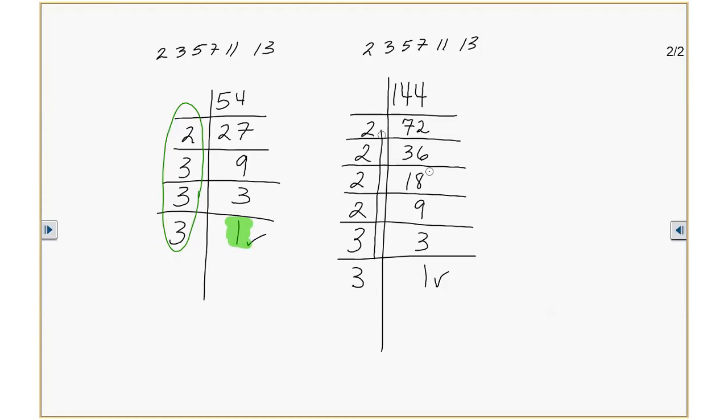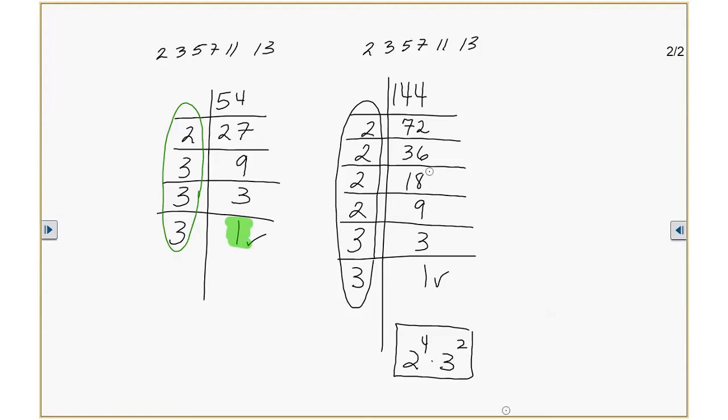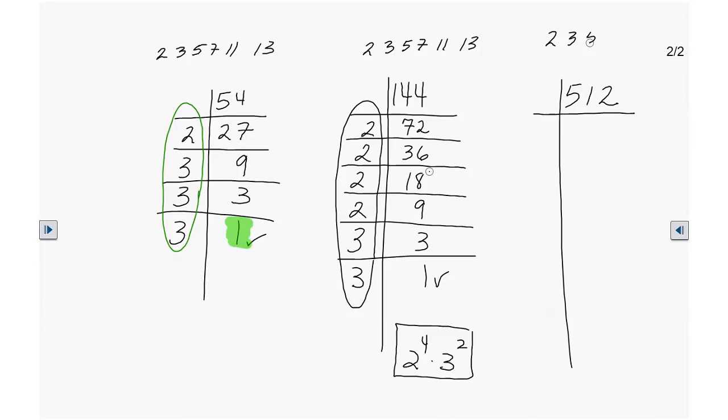So this is your prime factorization. 2 to the 4th times 3 to the what? Try that.